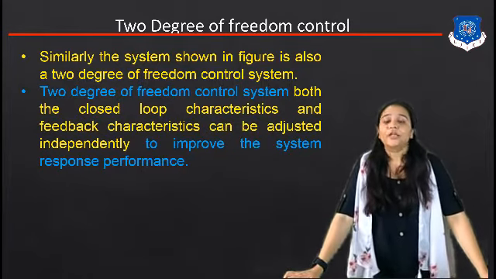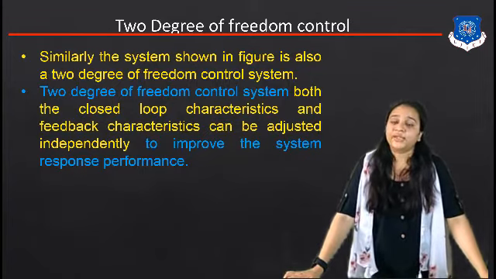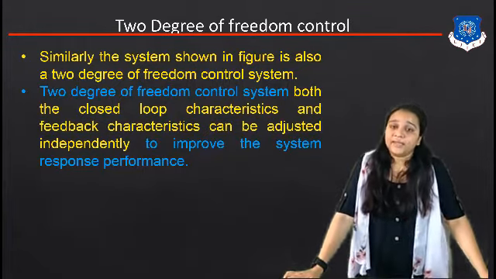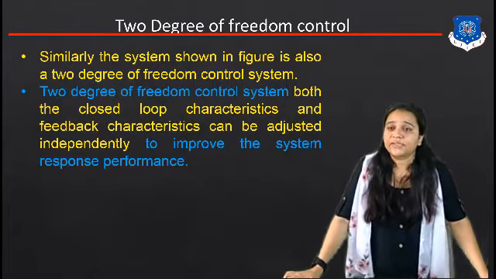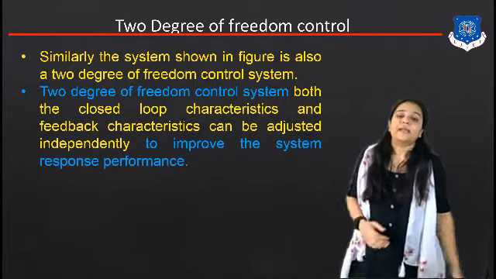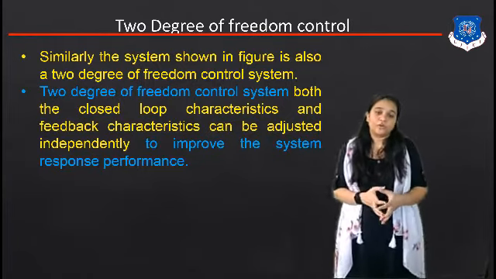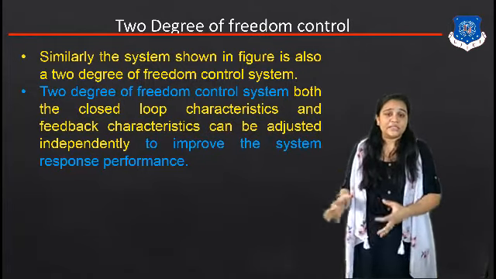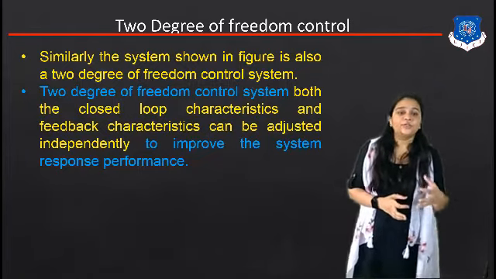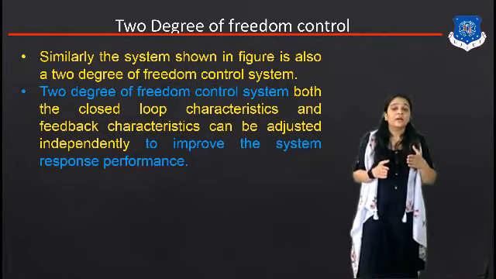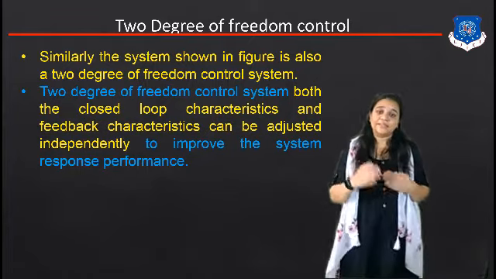Okay, so using the 2 degree of freedom we can easily identify the system response, and then we can easily improve the system parameters like delay time, rise time, peak time and the peak overshoot, because generally these types of parameters are used in the second order system, and they are located in the transient response.